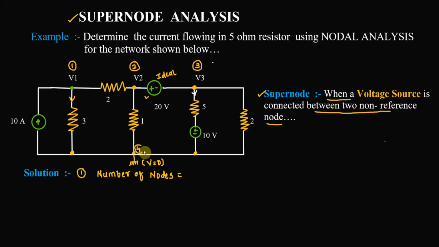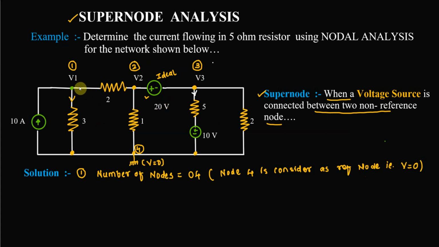So in this example we have a total of 4 nodes, out of which node 4 is considered the reference node, so the voltage at that node is V equal to 0, and node 1, node 2 and node 3 are called the non-reference nodes.